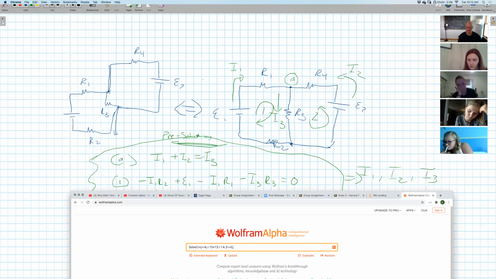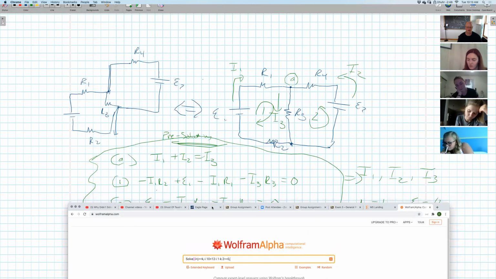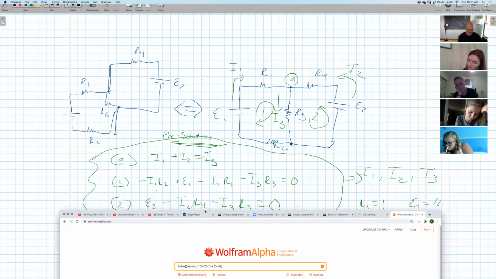And then comma. Now we have the last equation. My last equation is going to be E2, which was 5, minus I2, which is J, times R4, which was 5, minus K times 2, because that's R3, is equal to 0.